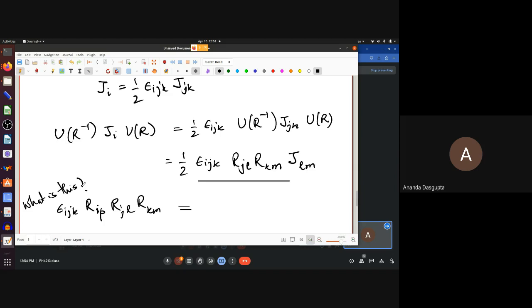Maybe not in this notation. But what are you doing? You're multiplying Ri three elements from a 3x3 matrix. It's like a cross product. No, this is much more elegant. Where is the cross product coming from here? Cross product is there somewhere. The determinant. This is the determinant of R.